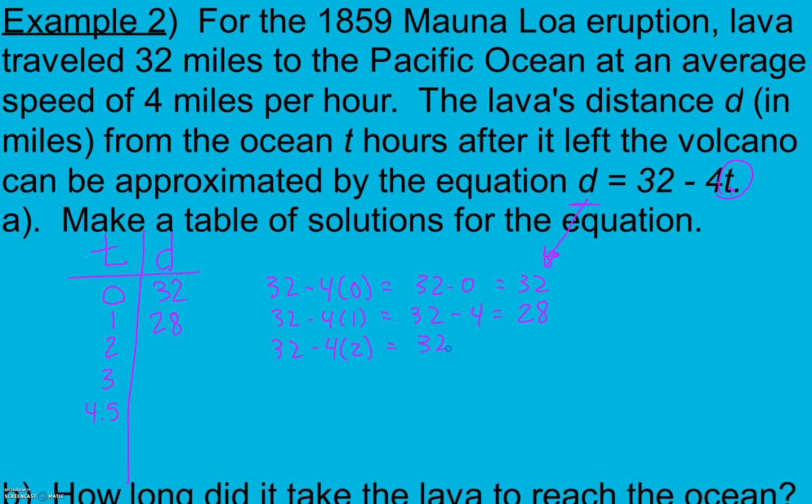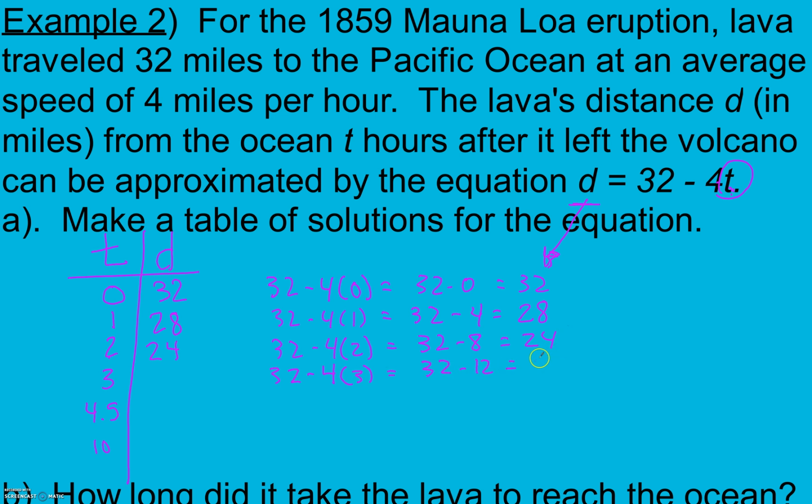We could have picked any t values here, as long as they were positive, because we can't have negative time. I could have picked 10, I could have picked 100, I could have picked 1.75. We could have picked any t values.